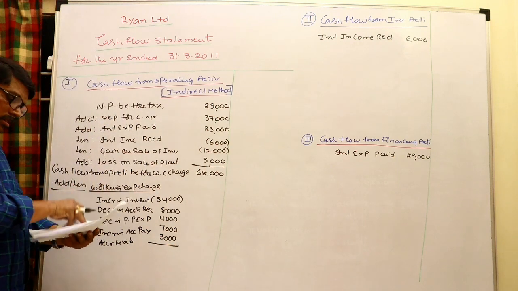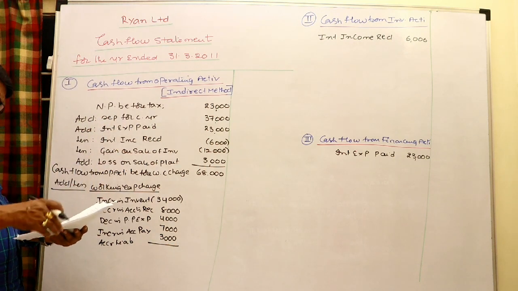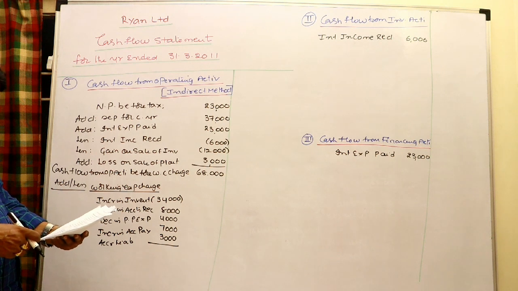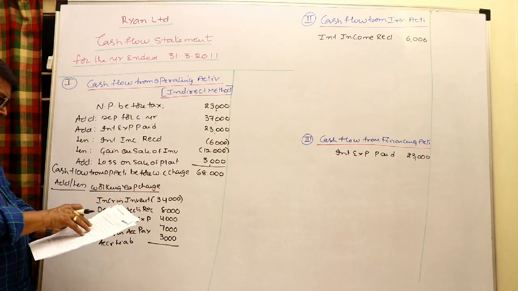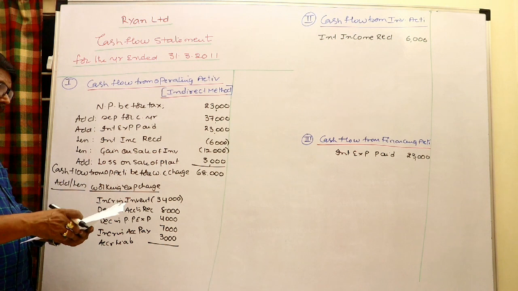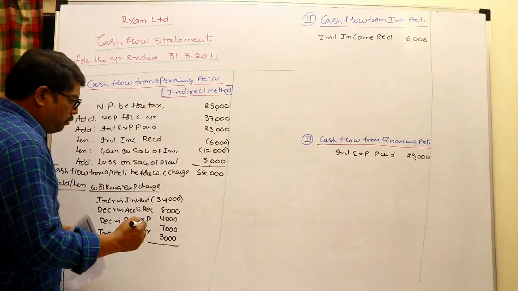Now let us see these items. Before working capital the result is 68. 8 plus 4 plus 34, of course, minus 7 as well as 3. The net result is 56,000.